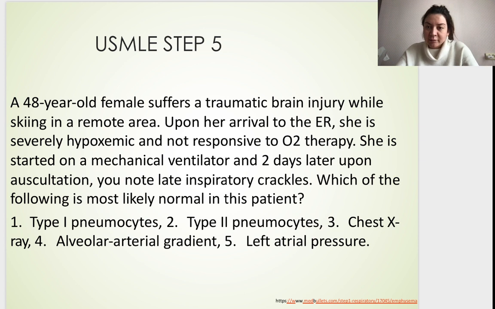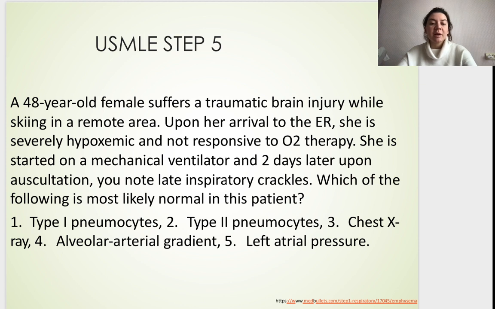And next USMLE test today. A 48-year-old female suffers a traumatic brain injury while skiing in a remote area. Upon her arrival to the emergency room, she is severely hypoxemic and not responsive to oxygen therapy.